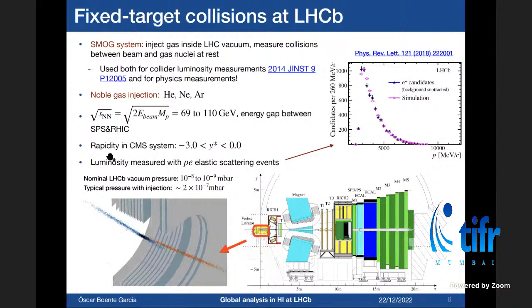Also the rapidity in the center of mass system changes, and now we cover between -3 and 0, so between the backward and central region. And we can even determine the luminosity, so we can measure cross sections thanks to the calibration with proton-electron elastic scattering events, which is very, very interesting.